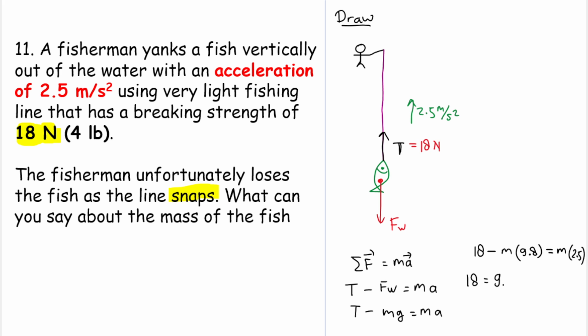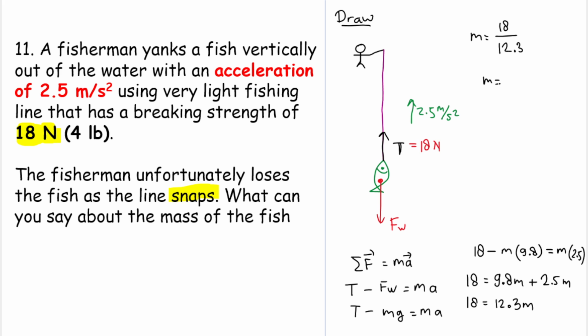And then plus 2.5 multiplied by m, so we'll have 2.5 m. Right? So we'll have 12.3, right? So 18 is equal to 12.3 m. And we can divide this, so we will have our m here is 18 divided by 12.3.